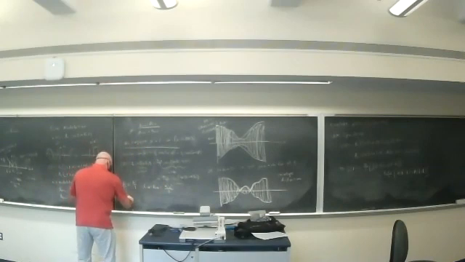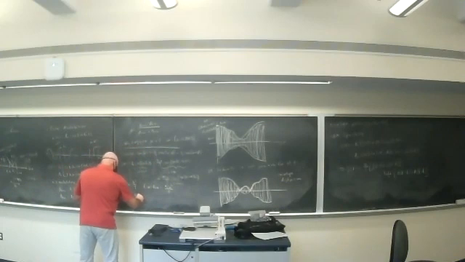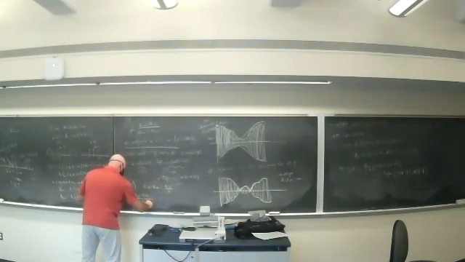The power efficiency is defined as the sideband power over the total power, PC plus P LSB plus P USB.